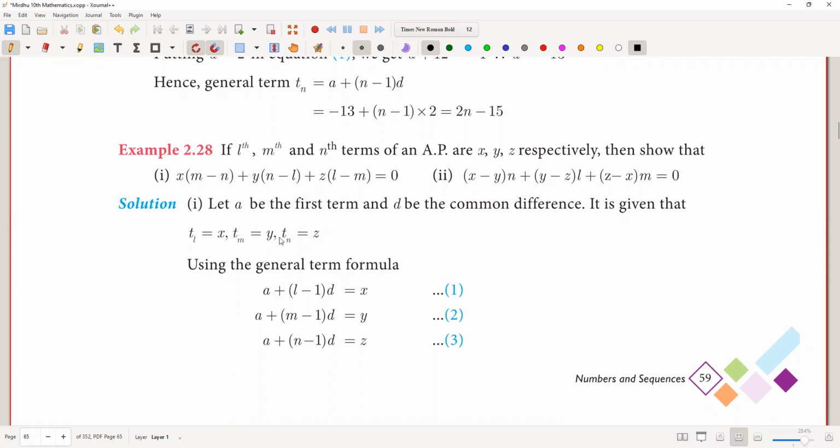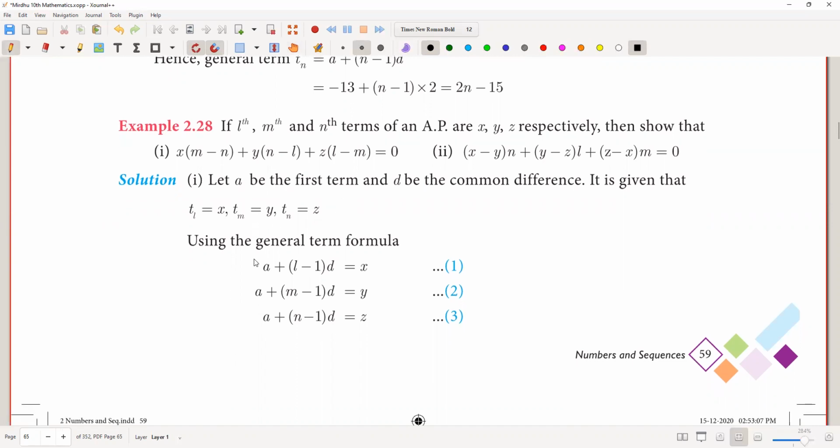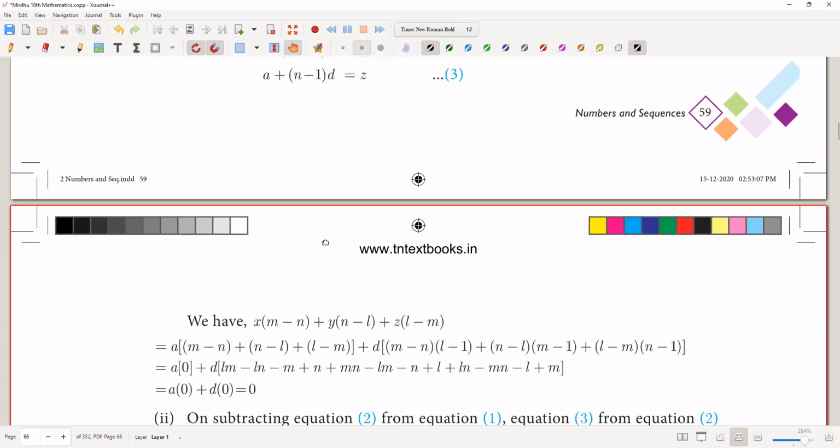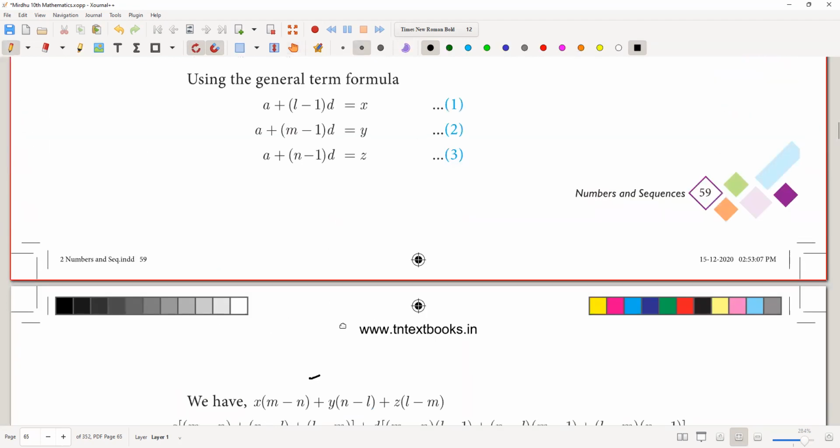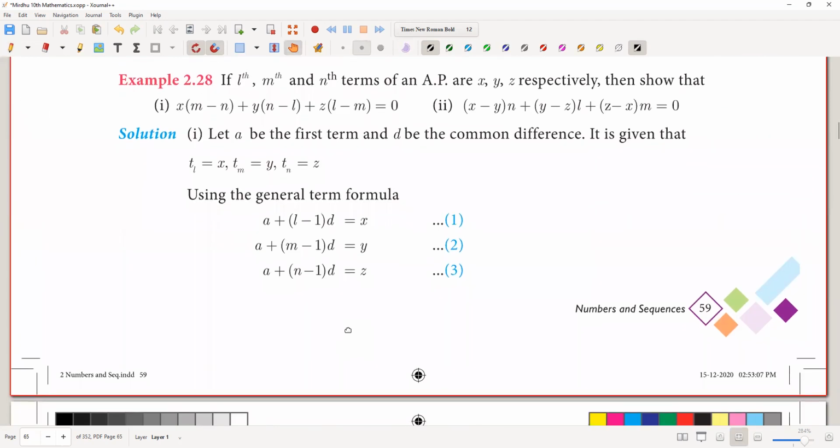T1 is x, y, and z. All right. The general term is A plus, it is Lth term, isn't it? L minus 1. Mth term, m minus 1. Nth term, n minus 1. Okay. Then we have x into m minus n, and so on, equal to 0.